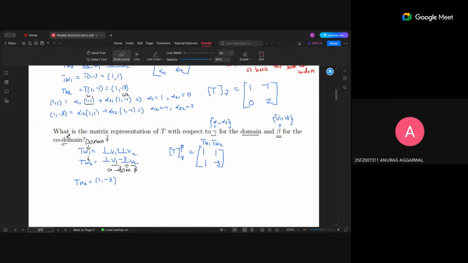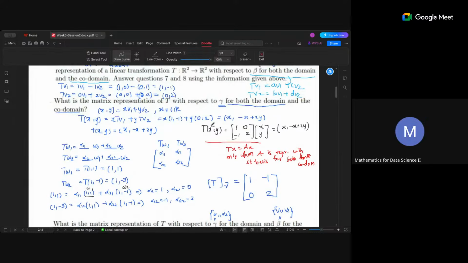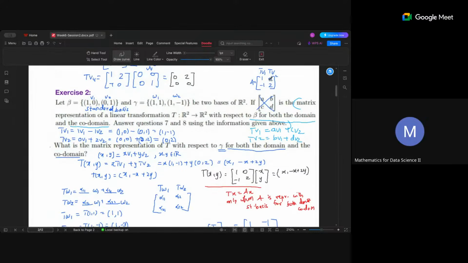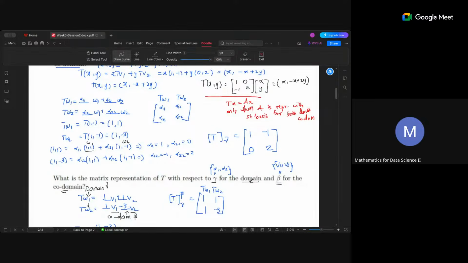Ma'am, we have already found the transformation matrix by shortcut. Here, the basis we considered was beta for domain and codomain. In the second scenario, we considered gamma for both domain and codomain. Now we are considering gamma for domain and beta for codomain.